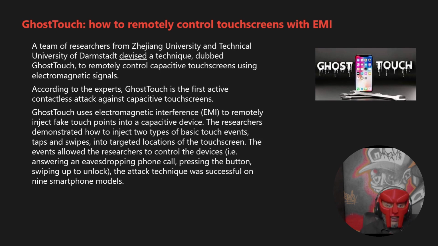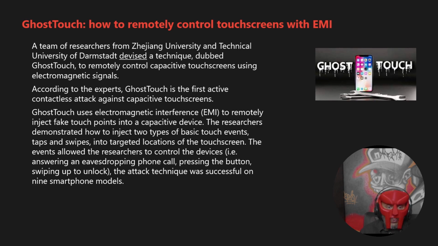Ghost Touch uses electromagnetic interference to remotely inject fake touch points into a capacitive device. The researchers demonstrated how to inject two types of basic touch events, taps and swipes, into targeted locations of the touchscreen. The events allowed the researchers to control the devices, i.e. answering an eavesdropping phone call, pressing the button, swiping up to unlock.